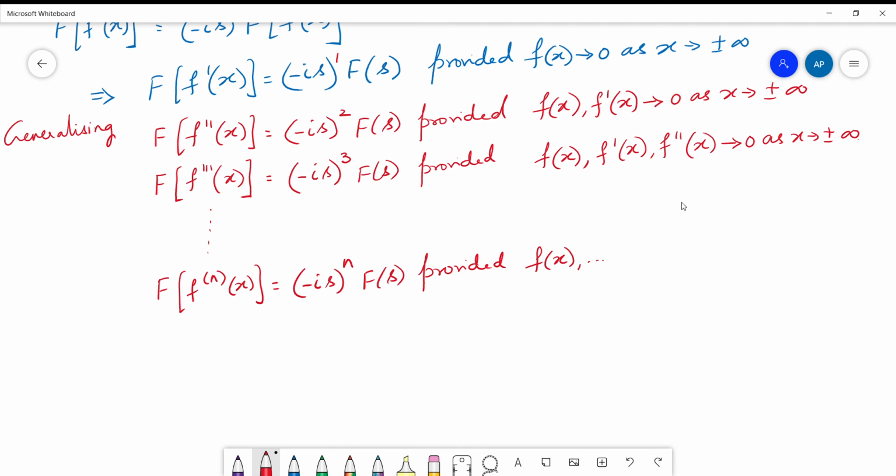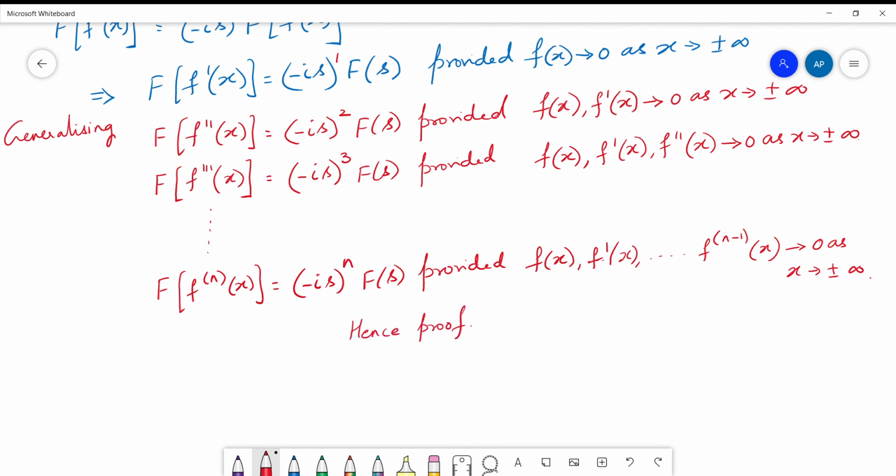You are finding for n, so f of x, f dash of x, f double dash of x, etc., f n minus 1 of x will tend to 0 as x tends to plus or minus infinity. So pertaining to these conditions, these Fourier transform of derivatives is applicable, and hence that completes the proof.